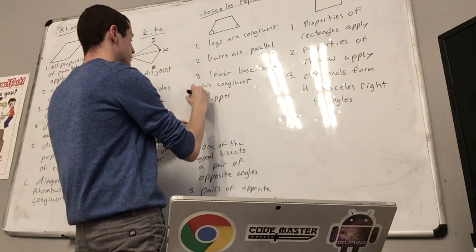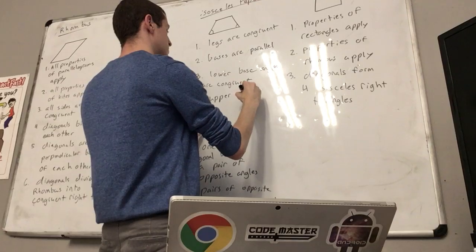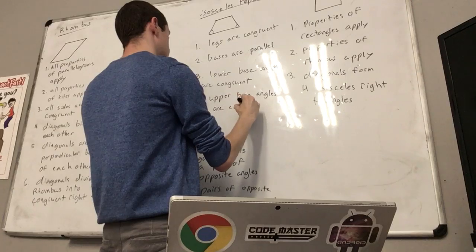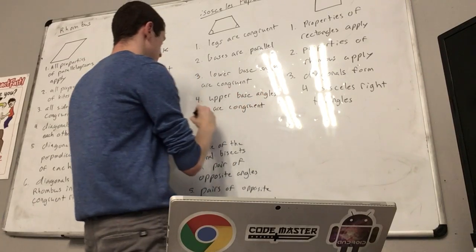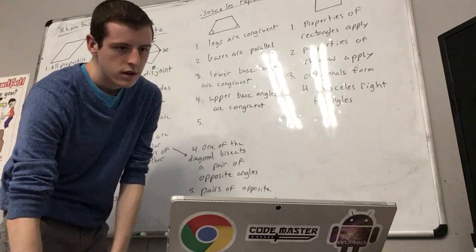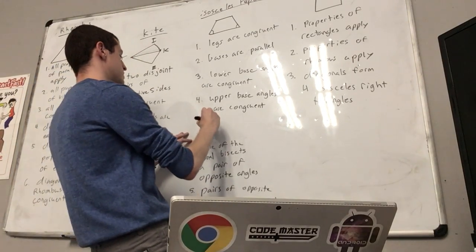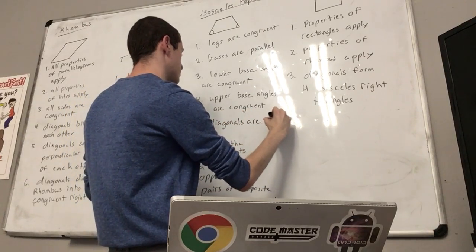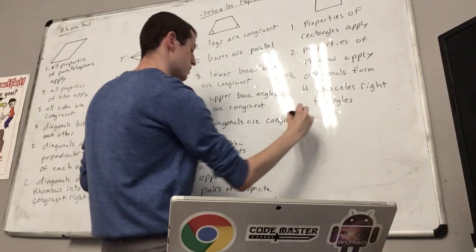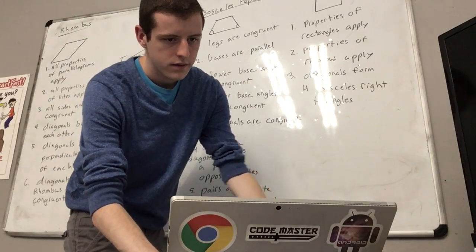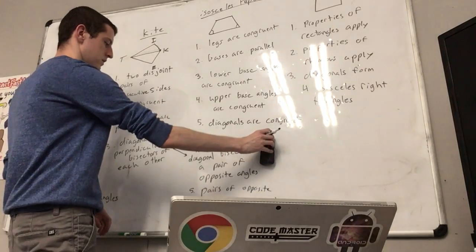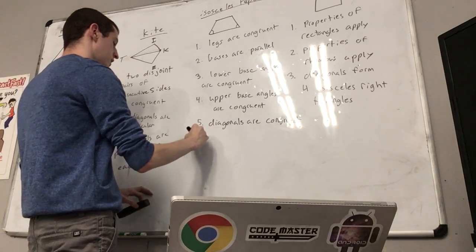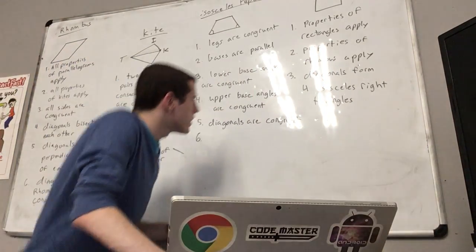I jumped from 3 to 5. All right, and the diagonals are congruent. Last one.